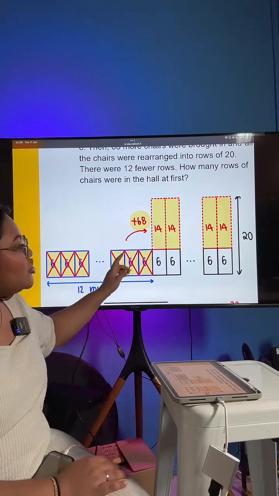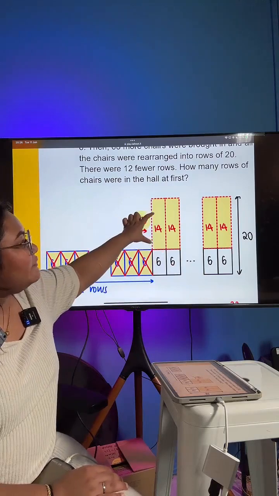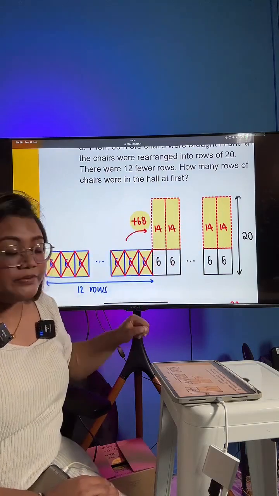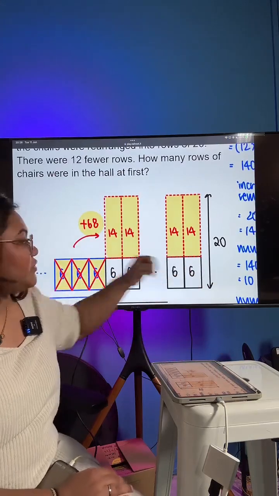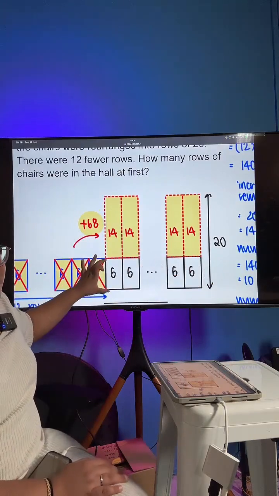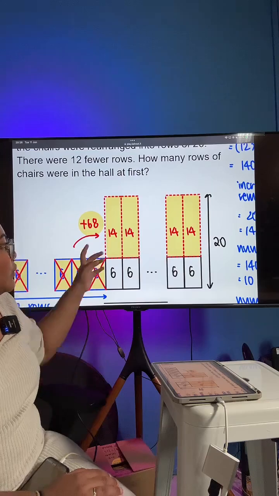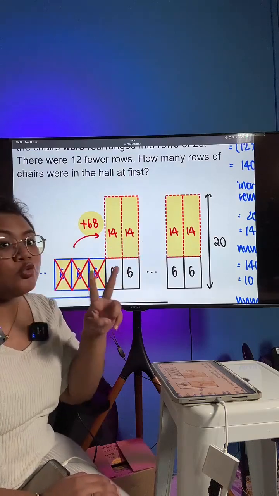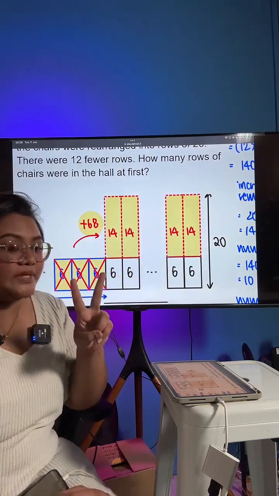And when they are rearranged, they will go to the remaining rows in terms of this 14 extra for each row. Because each row now got 20 chairs, right? So if we have already 6 in each row, to get to 20, I need 14 more, right? So this 14 extra for each row came from 2 places.